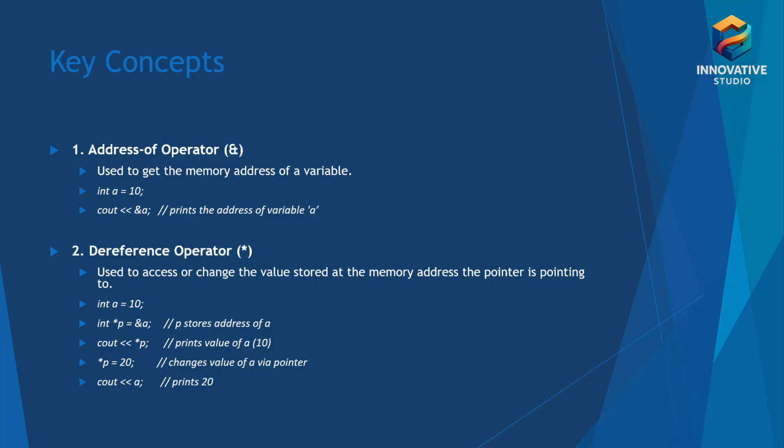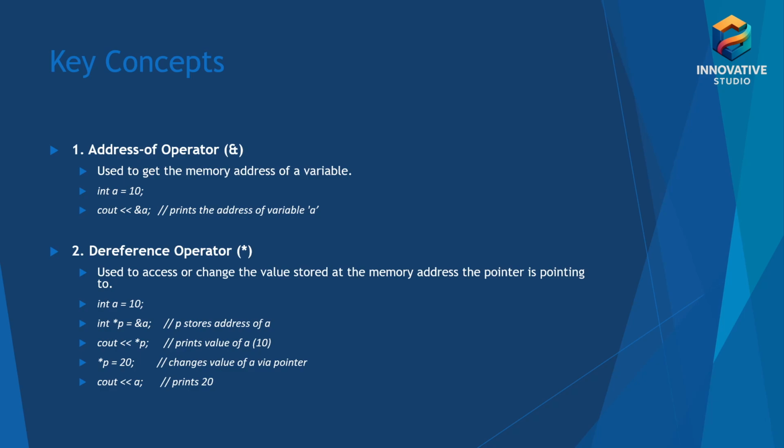So that value type variable will be stored on that memory address. What's the difference between the pointer, the dereference operator, and the pointer address variable? Basically, use it to access and change the value stored in memory that the address points to.